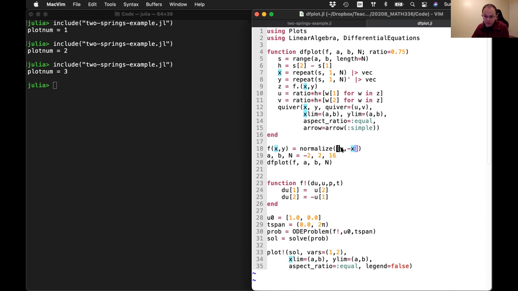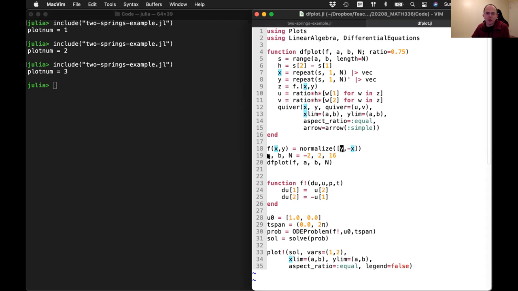So this is x prime is equal to y, and y prime is equal to negative x. This is a function that I wrote, and it will take x, y values, and give us the derivative of x and the derivative of y as a vector, but then it'll normalize it so that it's length 1.